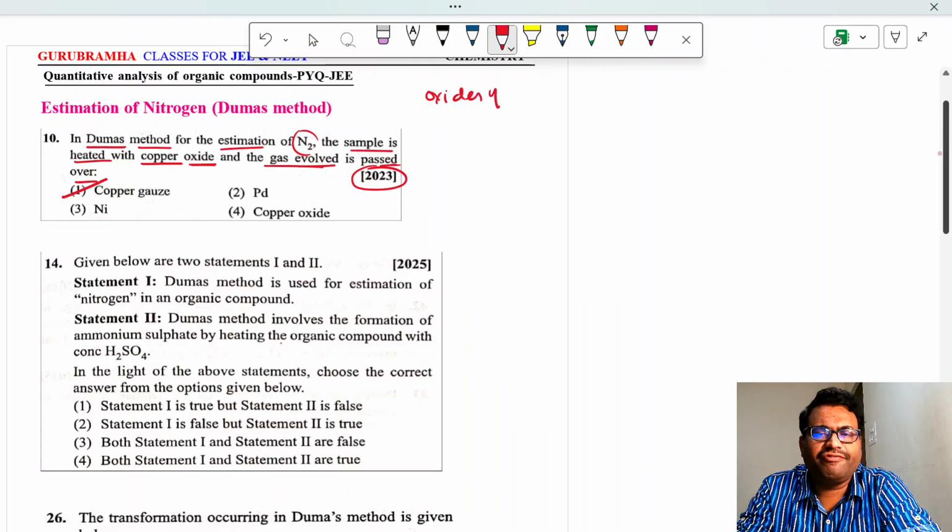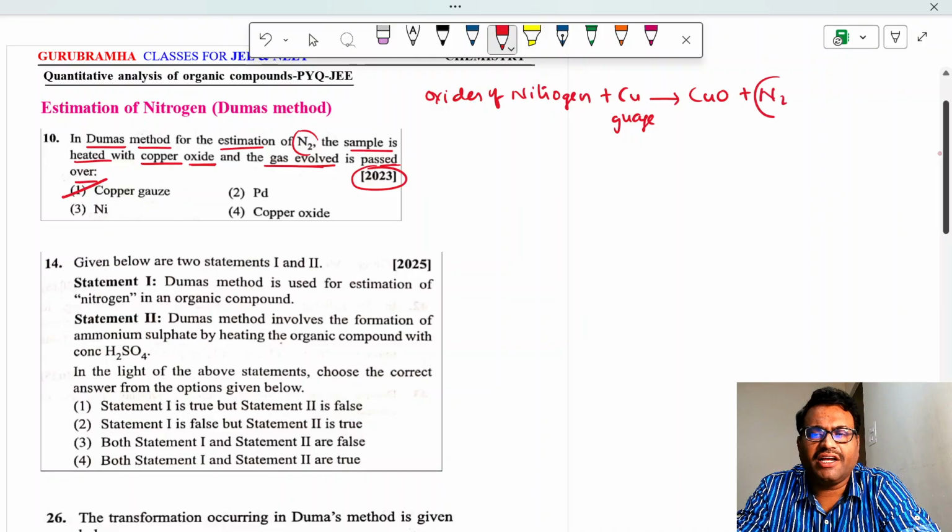Oxides of nitrogen when passed through copper gauze are converted into cupric oxide and nitrogen gas. So to convert any oxides of nitrogen formed during combustion into nitrogen gas, we pass the gas evolved over the copper gauze. Understood?